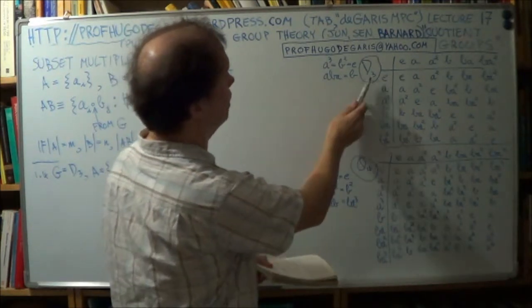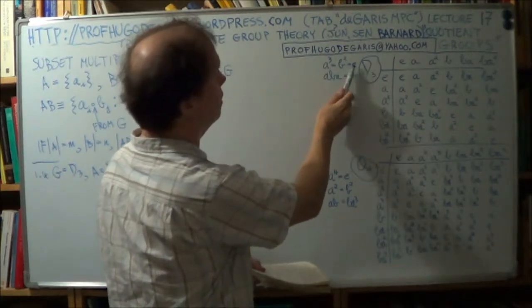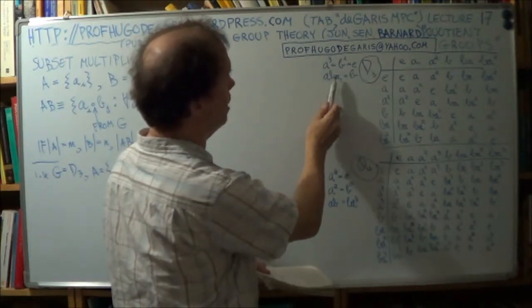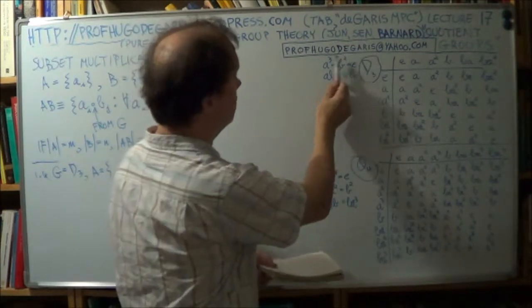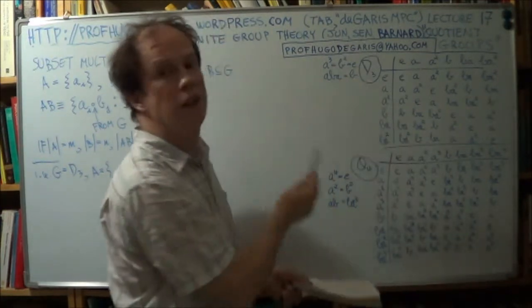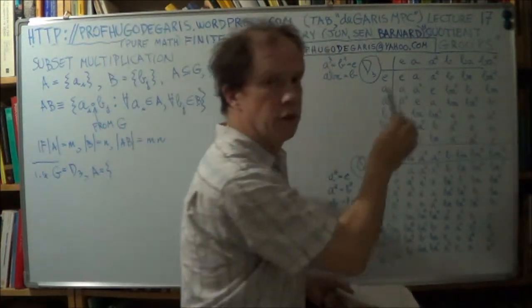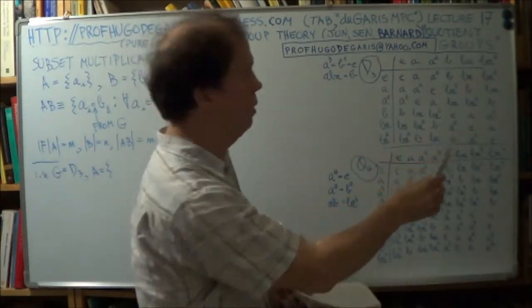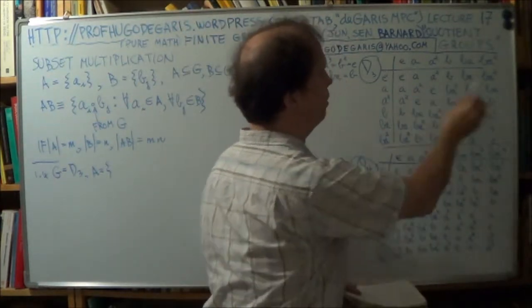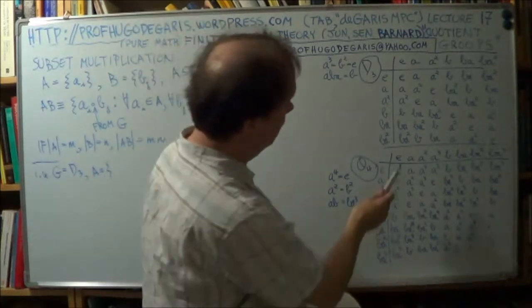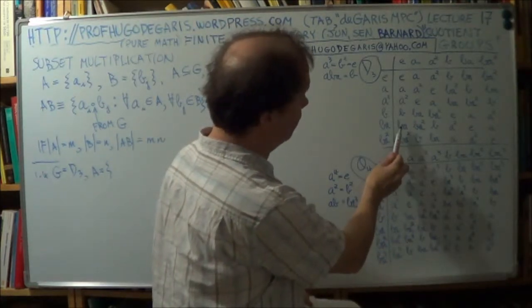Now for D3, A cubed is the unit, B squared is the unit, and ABA is B. From these relations, using a bit of algebra, I've done this before, you can calculate all the elements in the group table, such that if there's a B term, it's on the left.